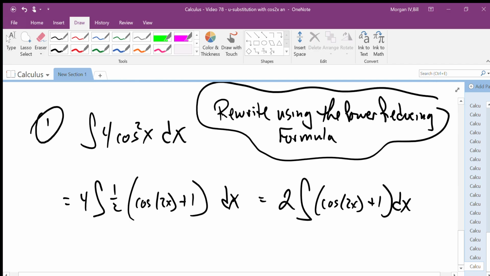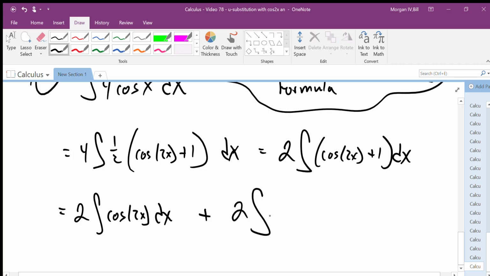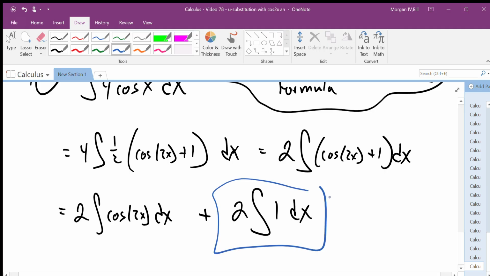So what I'm going to do here, we haven't seen much of this before, is I'm going to split this integral into two integrals. All right, the first integral is going to be 2 integral cosine 2x dx. And then plus 2 integral 1 dx. And the reason I'm splitting this up is the one on the right here, I don't need a u substitution to solve.